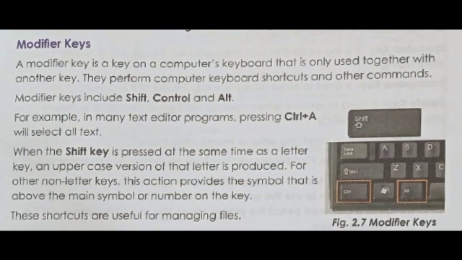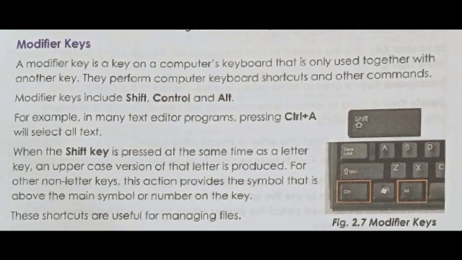They perform computer keyboard shortcuts and other commands. Modifier keys include Shift, Control and Alt keys. For example, in many text editor programs, pressing Ctrl plus A will select all text.